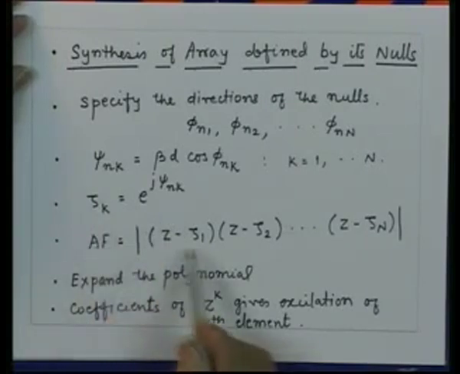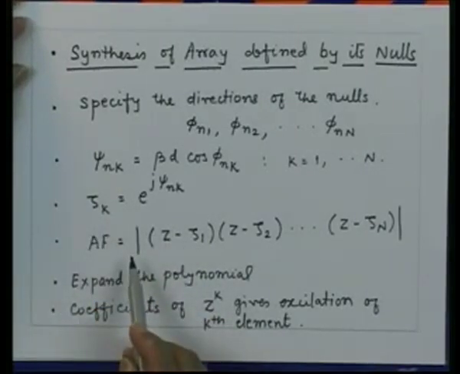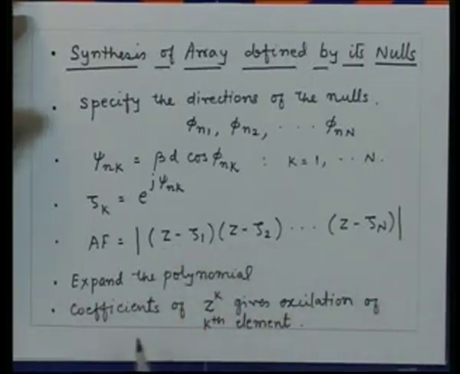Multiplying by the doublets z minus the roots, you get the polynomial. Expand the polynomial, you will get now powers of z, get the coefficients of z to the power k, that gives you the excitation of the kth element. So, the synthesis of an array which is defined by its nulls is a rather straightforward problem.